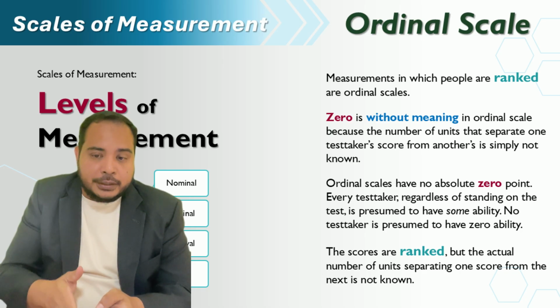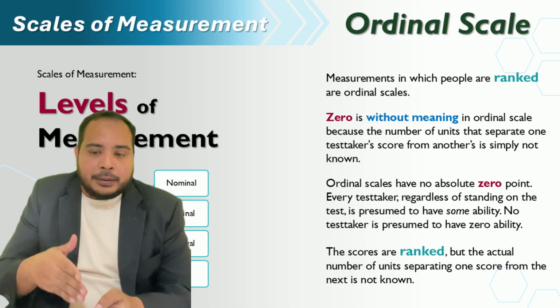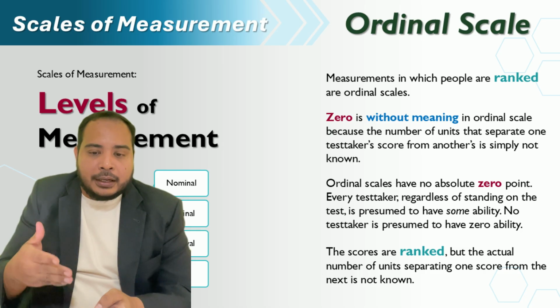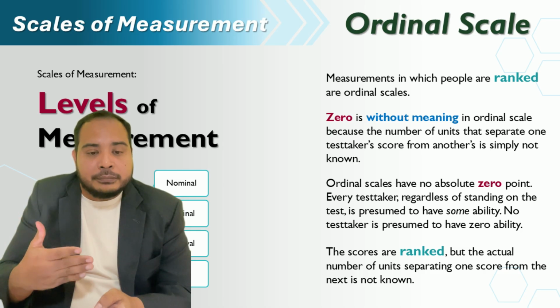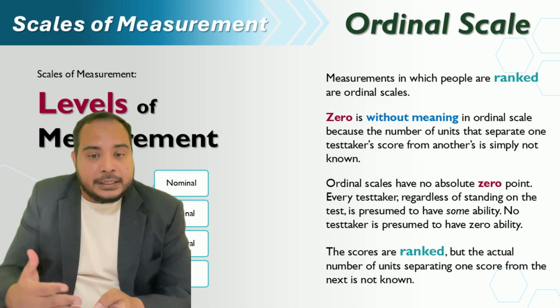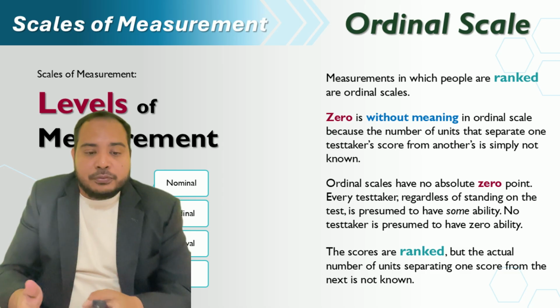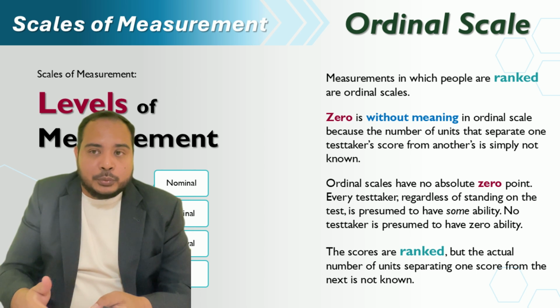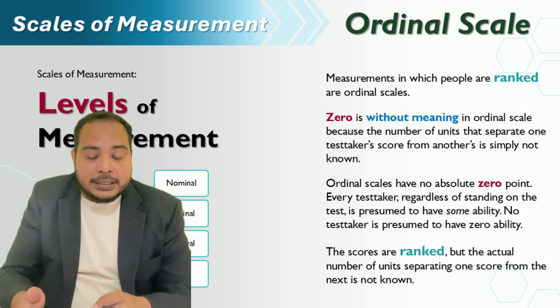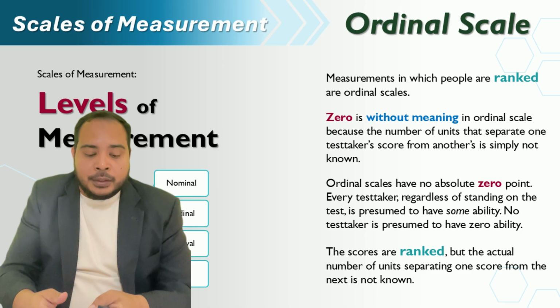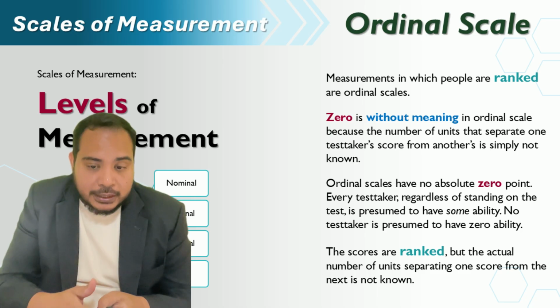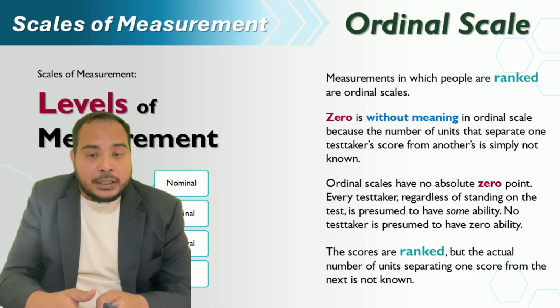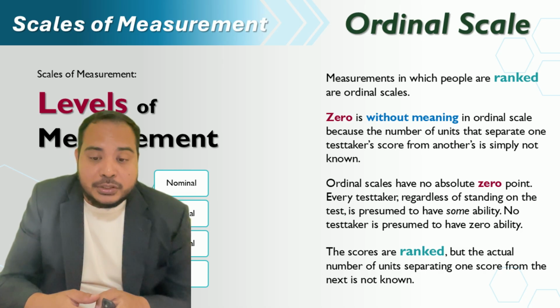So in ordinal scales, we rank based on whatever category that we want to use, for example, high, low. We want to look at who got the highest, who got the lowest. Under ordinal scales, 0 is without meaning. There is no meaning attached to 0.